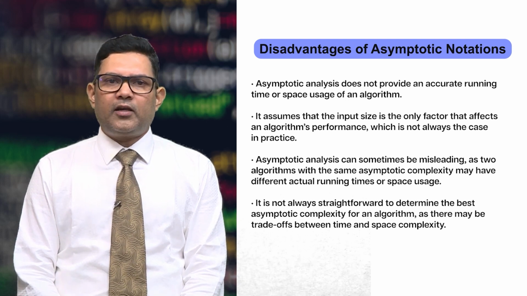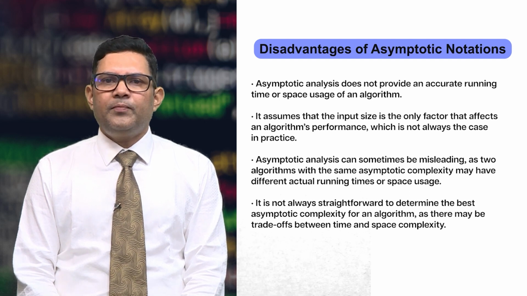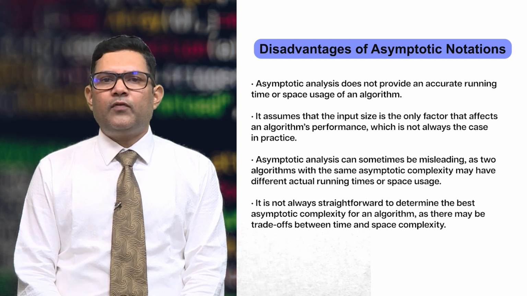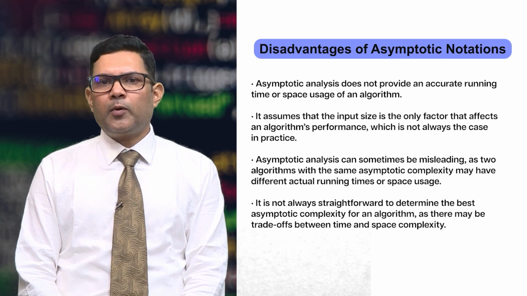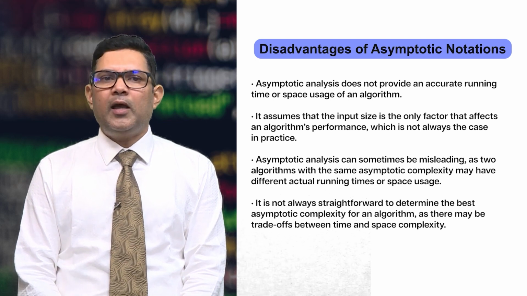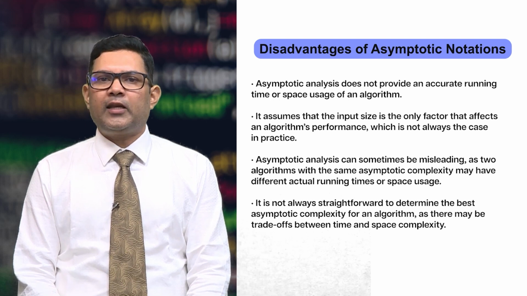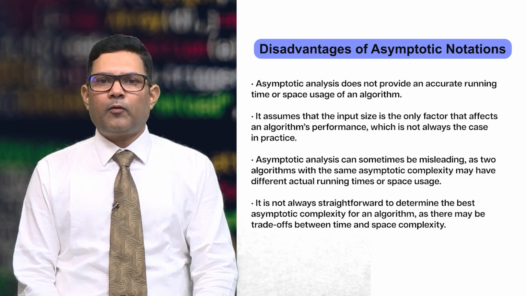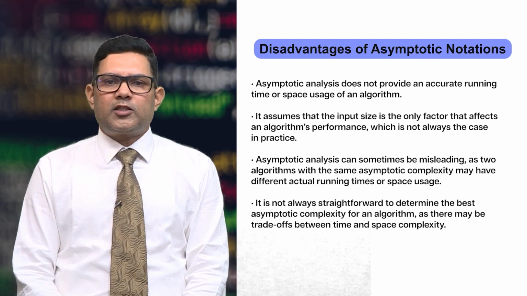The third disadvantage is that asymptotic analysis can sometimes be misleading, as two algorithms which have the same asymptotic complexity may have different actual running time or space usage. There are two factors by which we can calculate the performance of an algorithm: time complexity and space complexity.